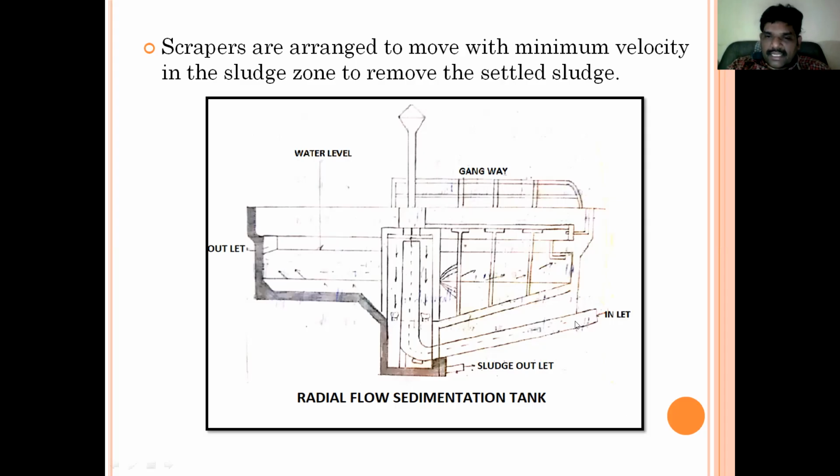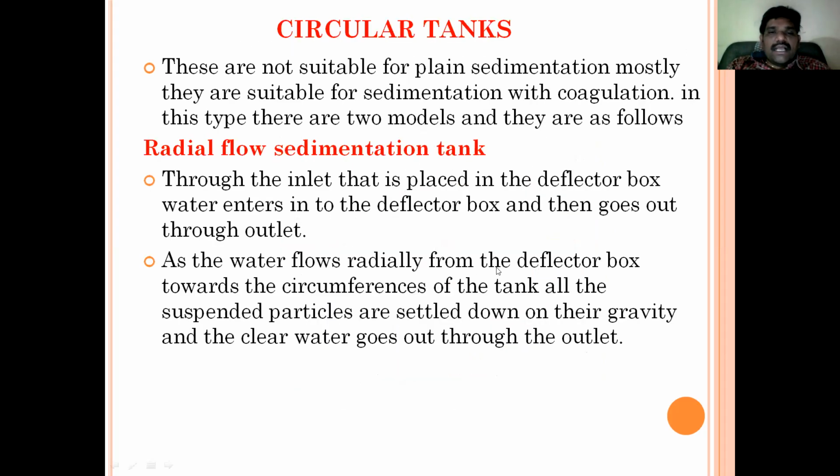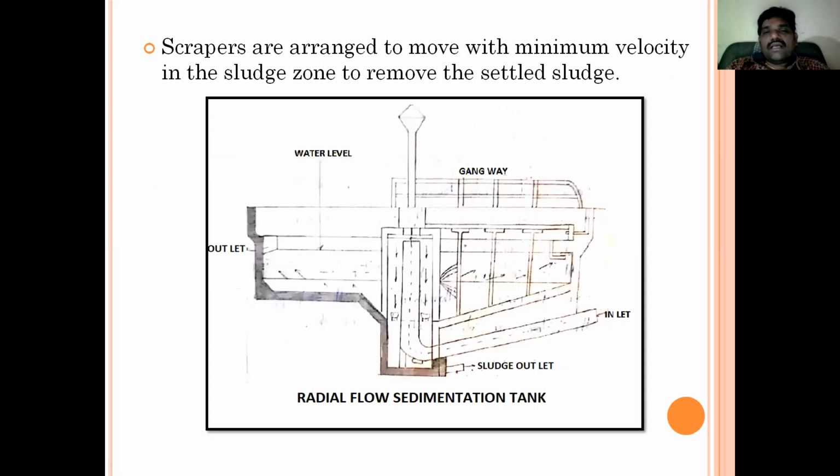See, have a look here, inlet, and here the direction of water is redirected. Like this, water flows. As the water flows radially from the deflector box toward the circumference of the tank, all the suspended particles settle down by gravity, and the clear water goes out through the outlet.